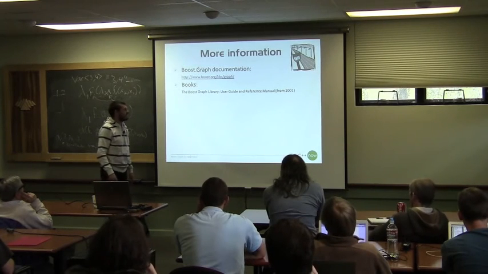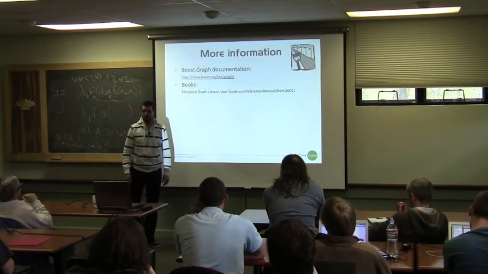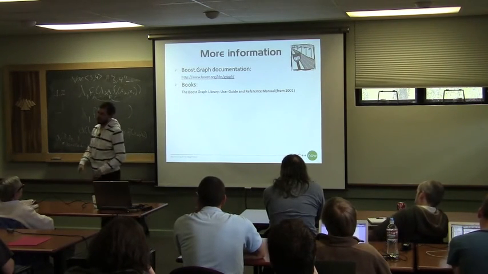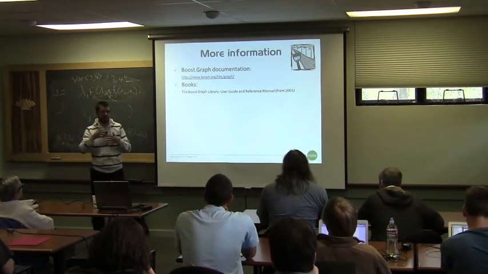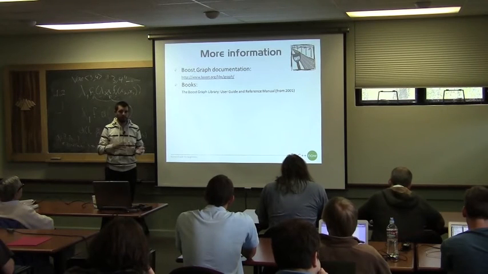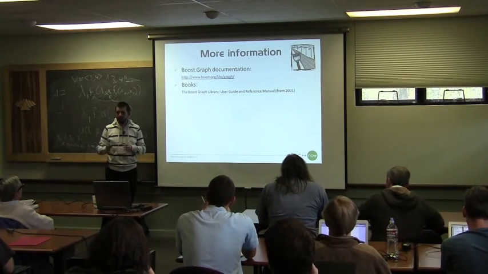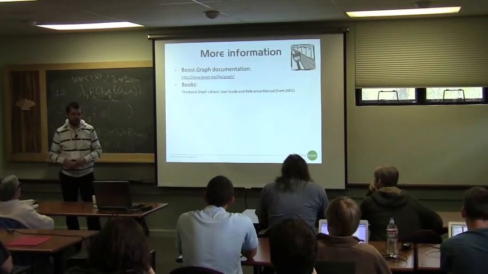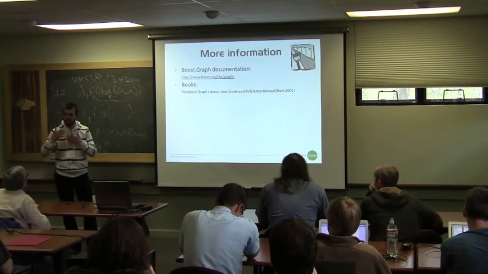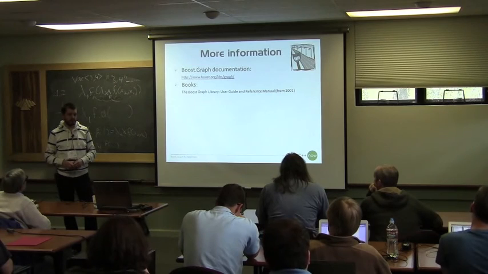Okay. So that was a quick overview on how BoostGraph is used. I'm not going to talk about all these algorithms there are, because I think that's easy, and it really depends on what you want to do. I mean, some people want to find the shortest path, other people want to do something completely different. And I think the documentation here is actually good and helpful, so there is a good explanation what these algorithms do.